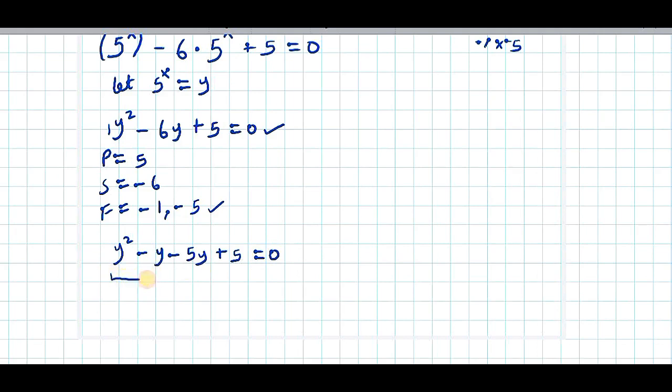Now we did this to enable us factorize by pairing. So we can pair this first part and then the last part. So when we pair, we can factorize here. Common factor is y. So y into y minus 1. And then here we have minus 5 is a common factor. So minus 5 into y minus 1, and then the right hand side is 0.